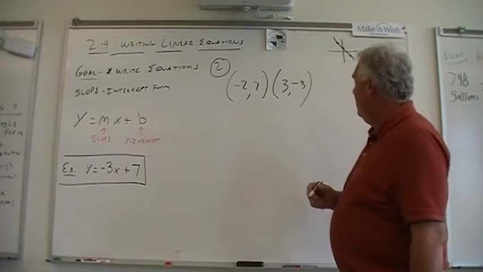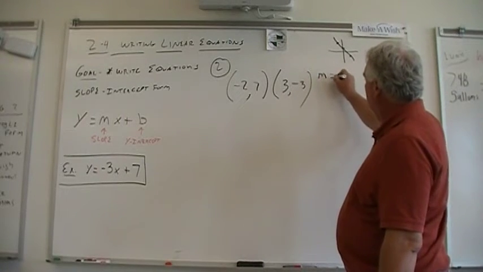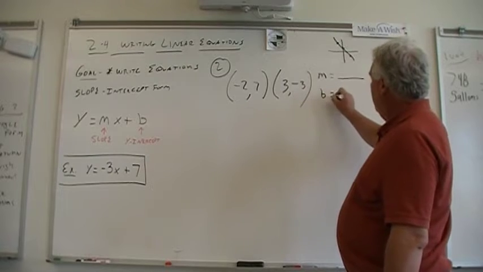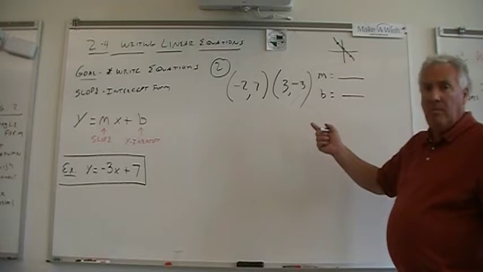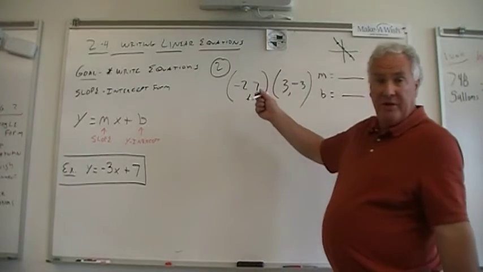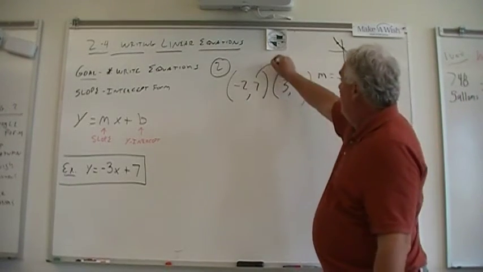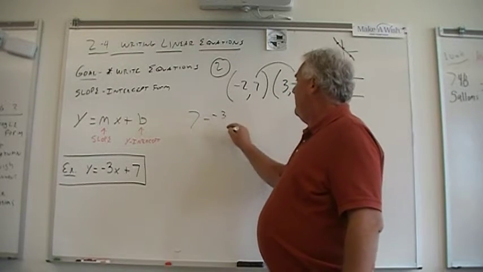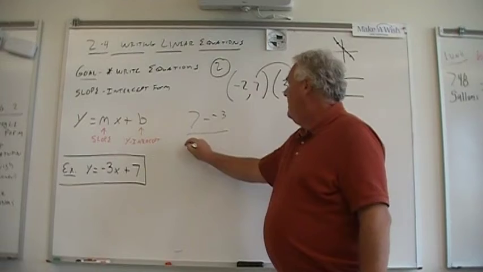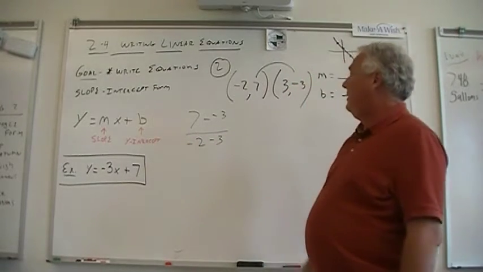So let's figure it out. We need to know the slope, and we need to know the y-intercept. Well, how do we figure out slope? Change in y over change in x. We just did this. You could do 7 minus negative 3 all over negative 2 minus 3, right?